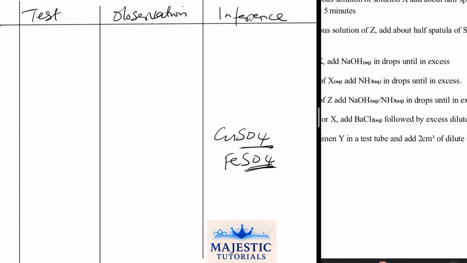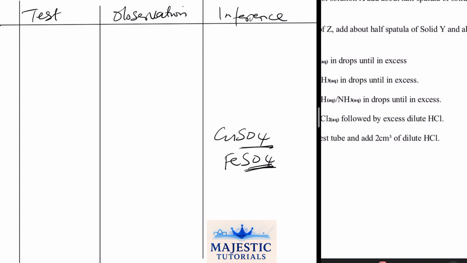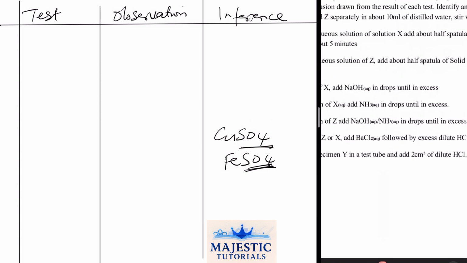So immediately you see barium in the exam, which will be followed by HCl, just know that they are looking for this particular anion, tetraoxosulfate 6 ion. They might ask you to do it in both, or in sample Z only, but whichever one they say add barium chloride to, this is the exact thing you will write for them.